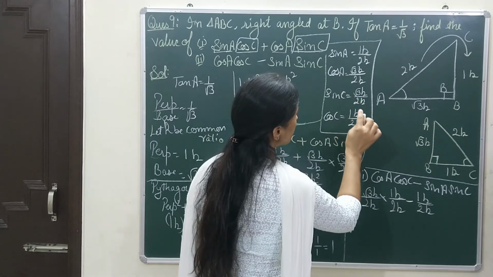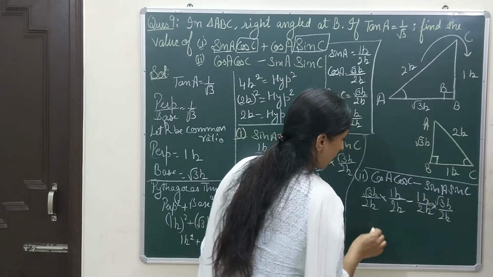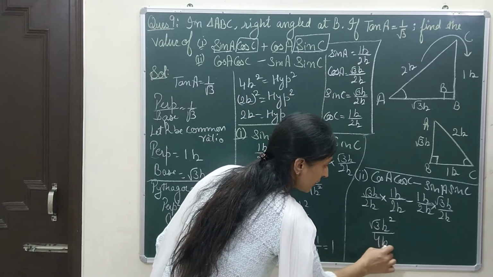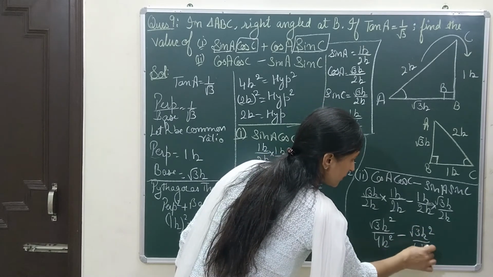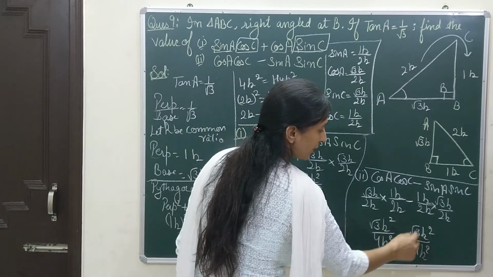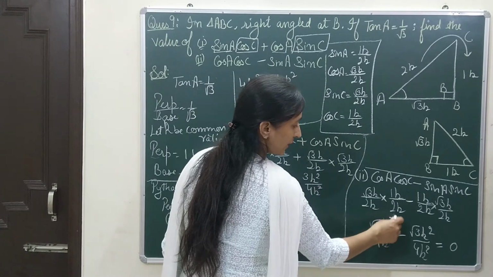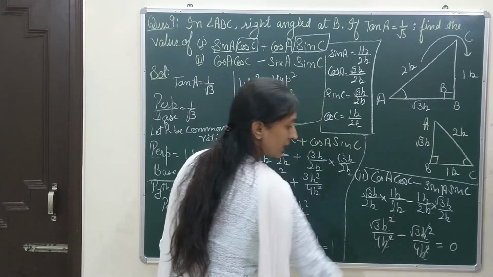And sin C is having value root 3k by 2k. So when I multiply, it will be root 3k square over 4k square minus root 3k square over 4k square. As you can see, everything in the first part and second part matches, so it will be 0. It will be root 3 by 4 minus root 3 by 4, which is 0.